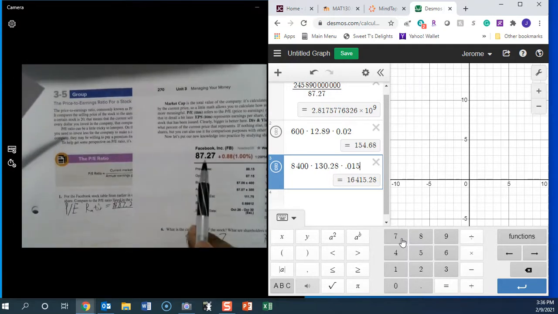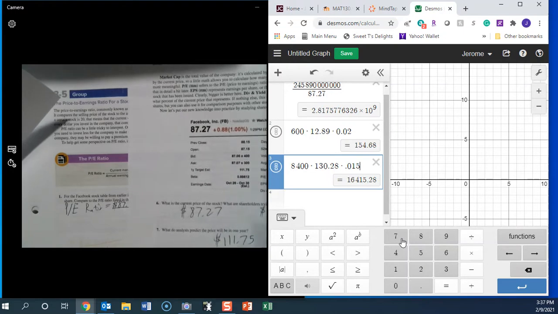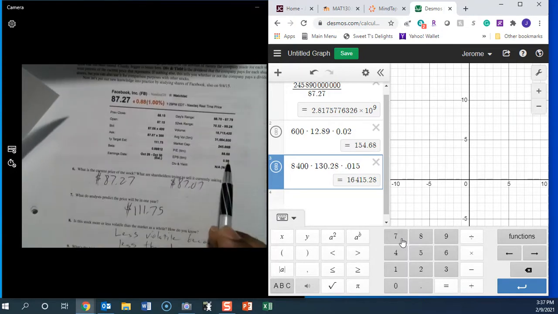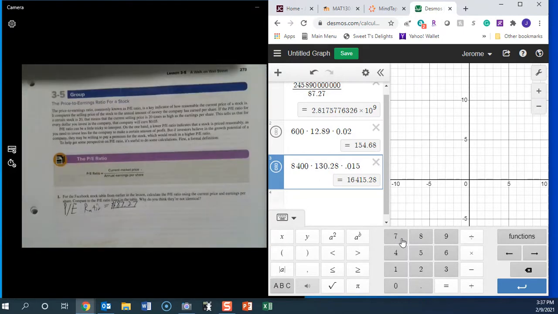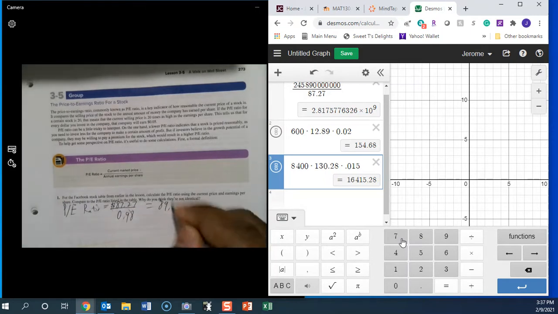So the current price was $87.27, and then the annual earnings per share. So let's see. EPS, earnings per share, is 0.98 cents. So it'd be 0.98. Now when you divide this out, it's 89.05.